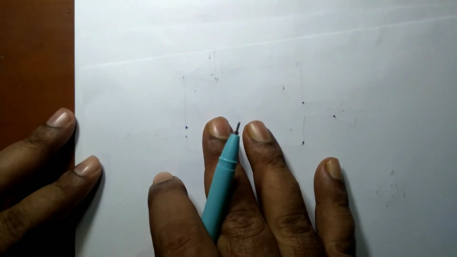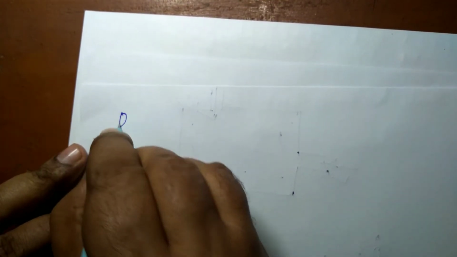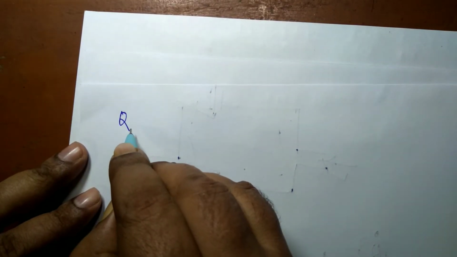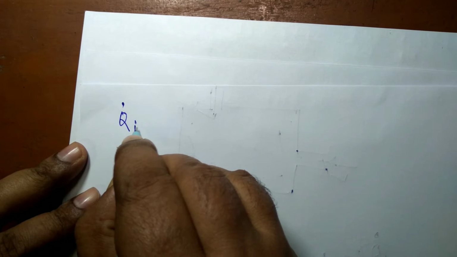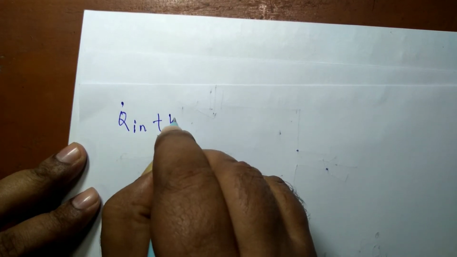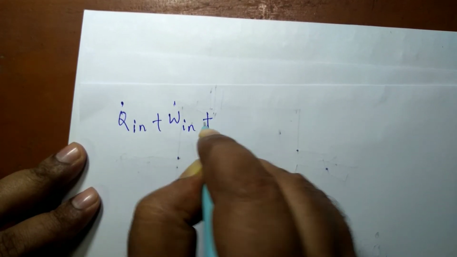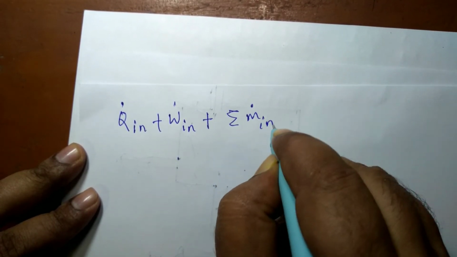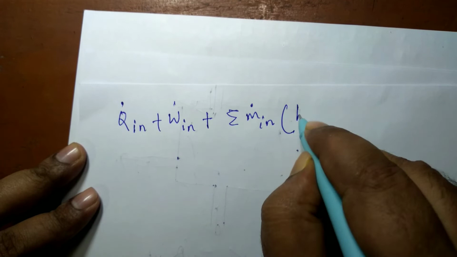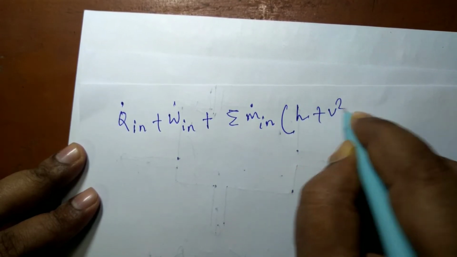So now I will write the energy balance equation. If I express the energy balance equation in rate form, that is Q dot in plus W dot in plus, suppose there are multiple inlets, sigma m dot in (h plus V square by 2 plus gz).